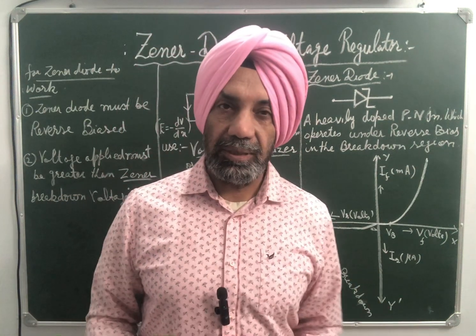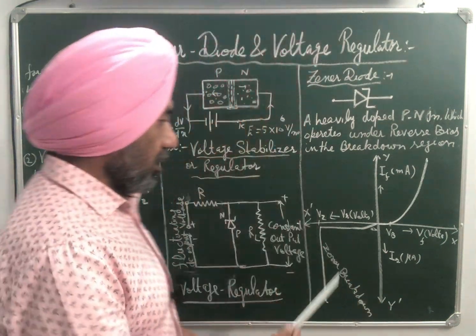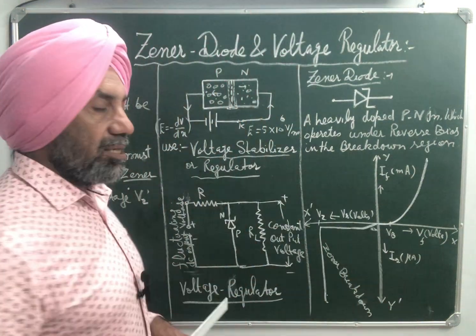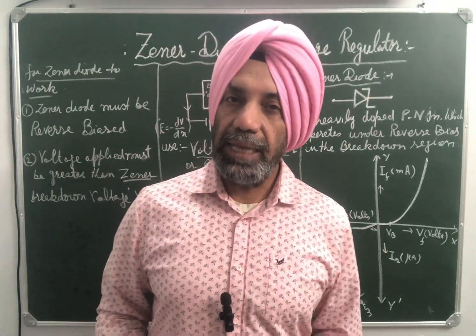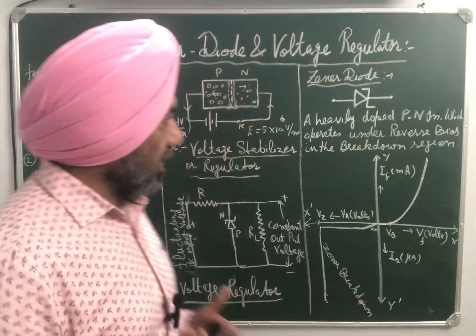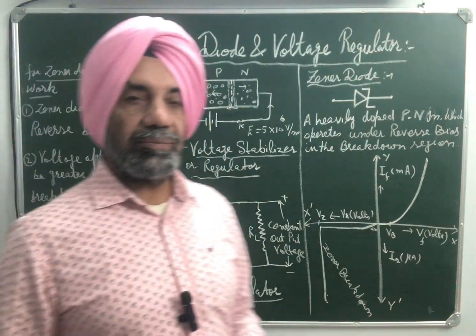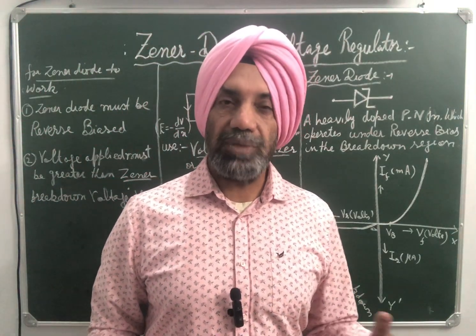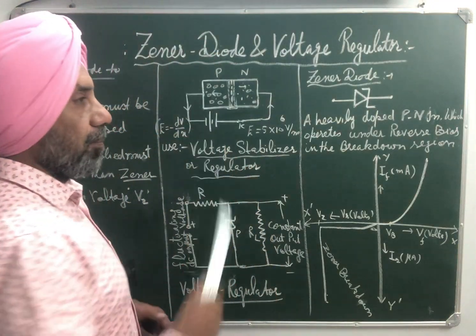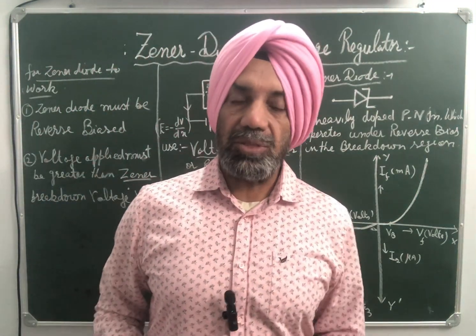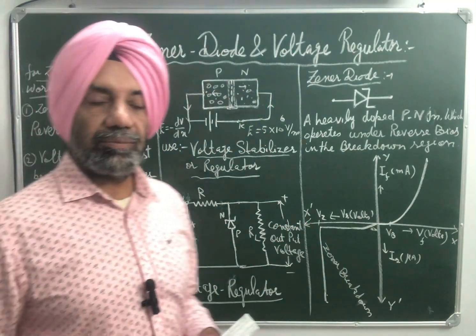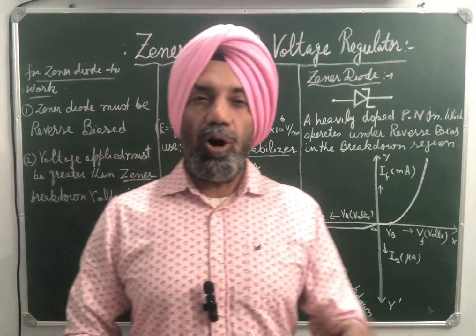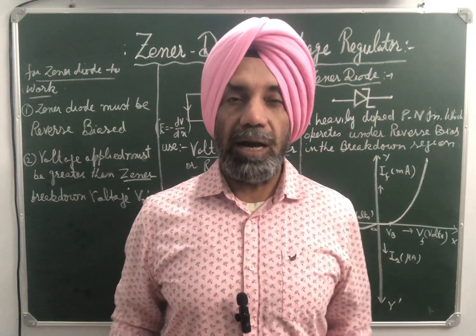Why does this happen? Because when the reverse voltage is increased, the temperature of the sample also increases, and a stage comes at a particular Zener voltage when all the covalent bonds break down.